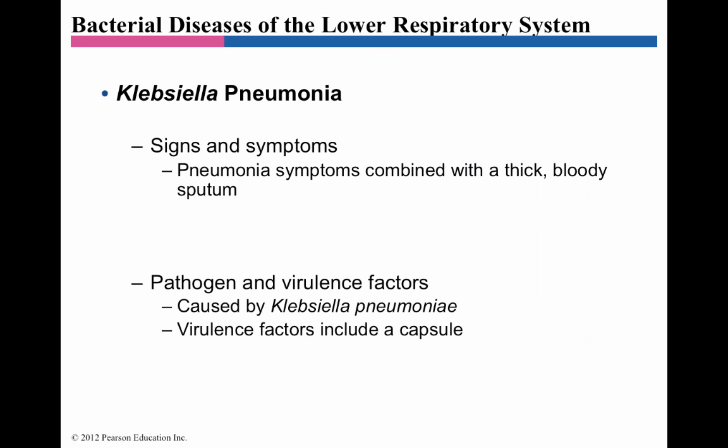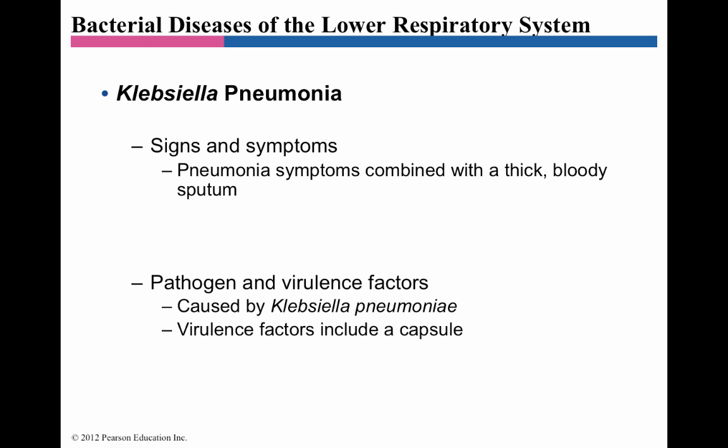All right, Klebsiella pneumoniae. This is another type of bacterial pneumonia. This is a gram-negative rod. This one also is a leading cause of pneumonia, but this is a leading cause of hospital-borne pneumonia.